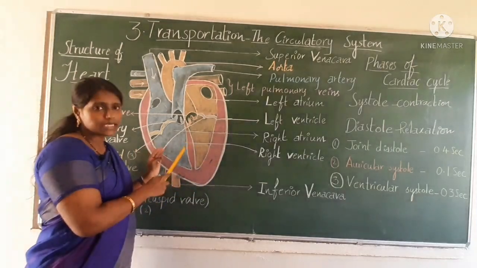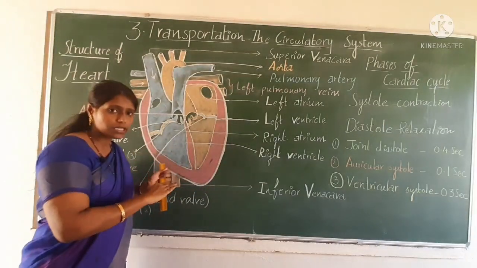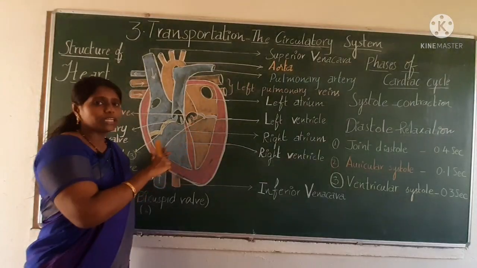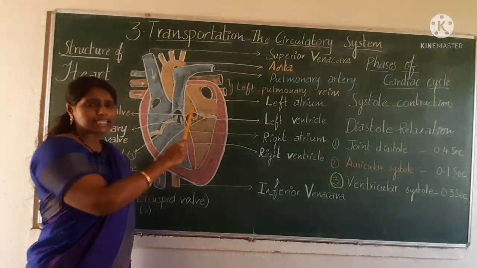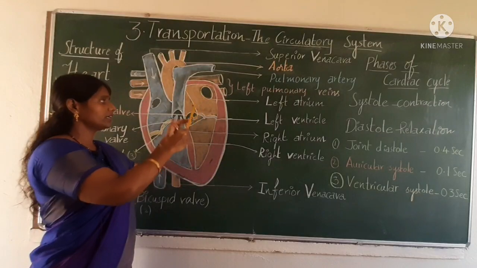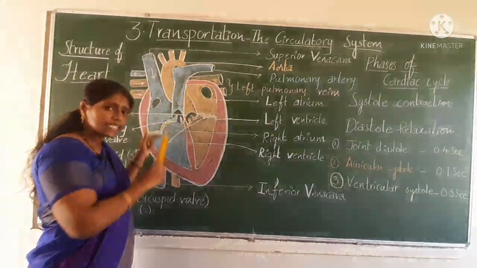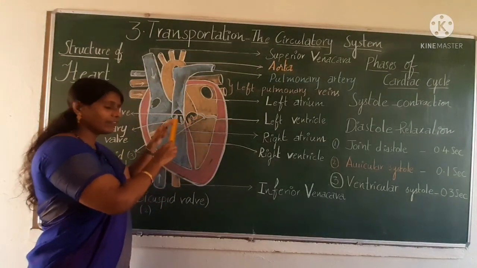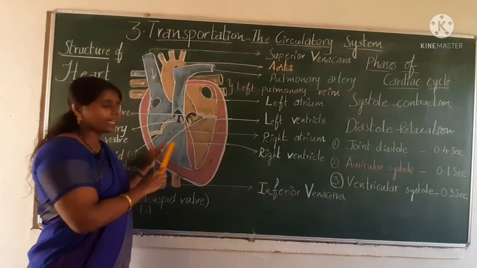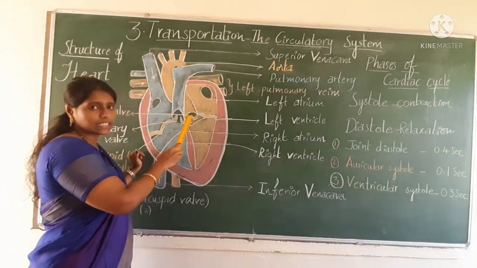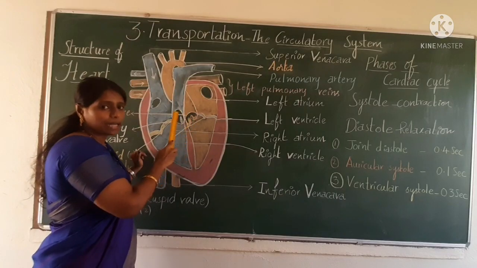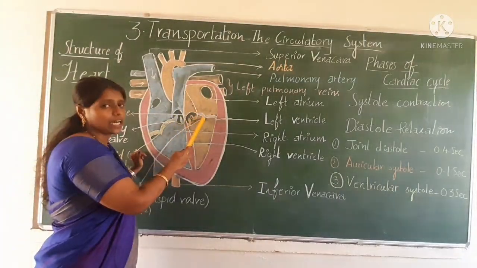The pressure inside the ventricles falls down. Due to decreased pressure, there is a chance for the blood in the arteries to come back. To prevent the backward flow of blood, there are valves present at the openings of the pulmonary artery and the systemic aorta.